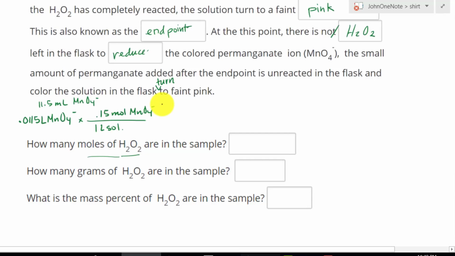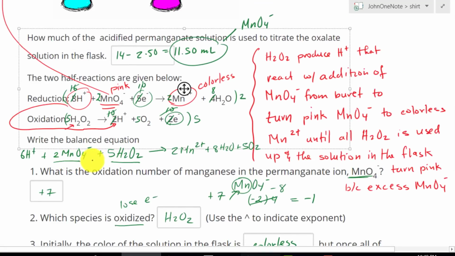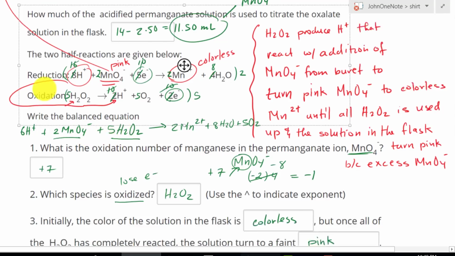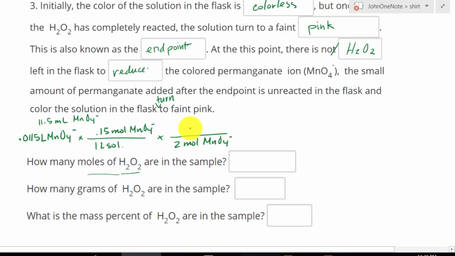But how are the moles of MnO4- related to hydrogen peroxide? Go back to the chemical equation: 2 moles of MnO4- to 5 moles of hydrogen peroxide. So we multiply by that ratio, 2 moles of MnO4- equal to 5 moles of H2O2, coming directly from the balanced chemical equation. And that's pretty much it.